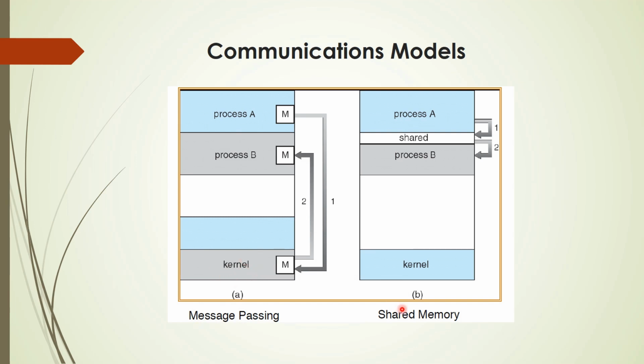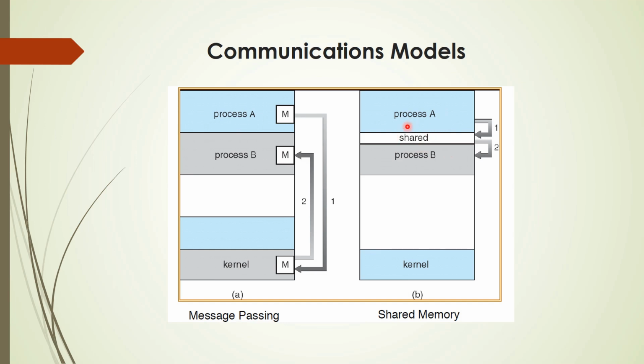In case of shared memory, if process A and process B want to communicate, they don't need the kernel. Initially they need the kernel just to share the memory, but after that process A and process B can communicate with each other with the help of this shared part.